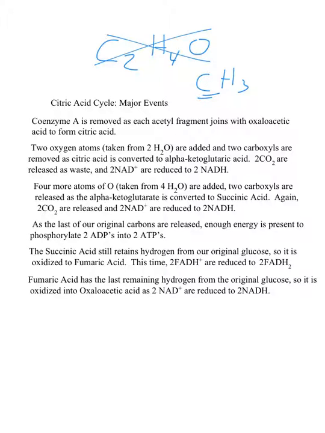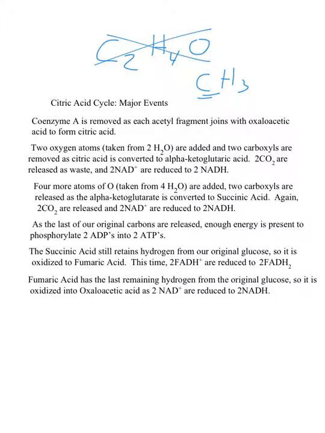It picks up that hydrogen, and we convert succinic acid to fumaric acid. Fumaric acid looks really like oxaloacetic acid, except it's got one more hydrogen, the hydrogen from the original glucose. So we need to take that hydrogen away, and we're going to use that to help reduce NAD to NADH, and we're back with oxaloacetic acid.